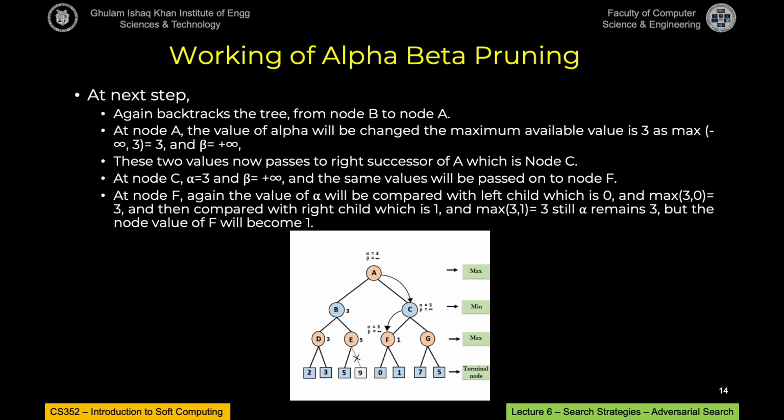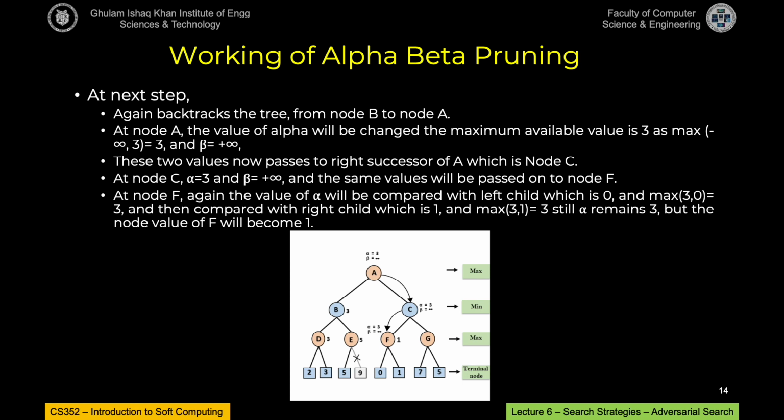Since it's max's turn, max compares the values given underneath with alpha. Max starts with 0 and compares 0 and the value of alpha, which is 3, and chooses the maximum, which is 3. So alpha remains 3. Then it goes to the other child, whose value is 1.